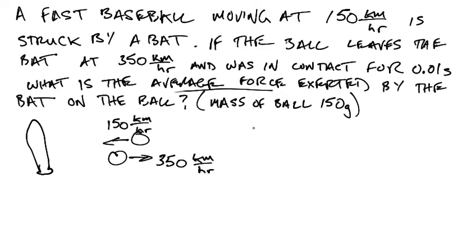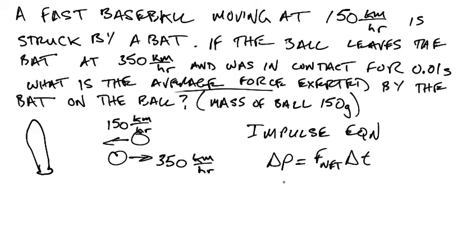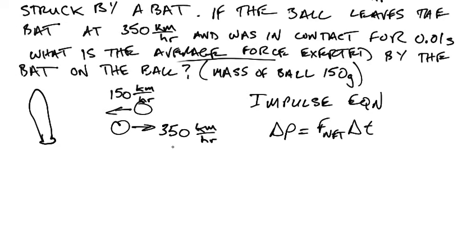In order to do this problem, we need to use the impulse equation. And the impulse equation is delta P equals F net delta T. So in order to solve for F net, ask yourself, okay, when the bat is touching the ball, there is a force on the ball, and that force is the applied force.